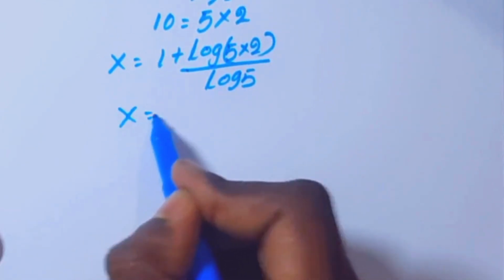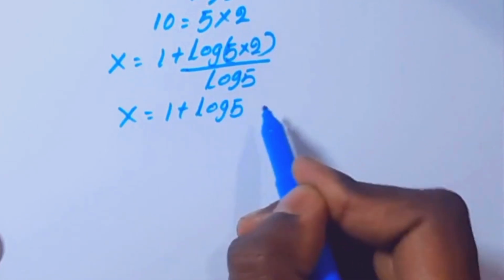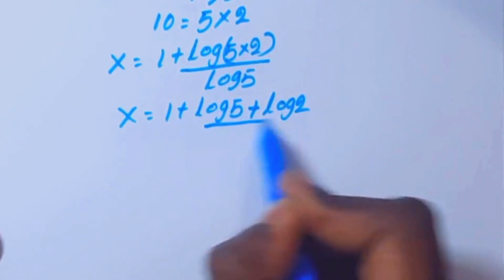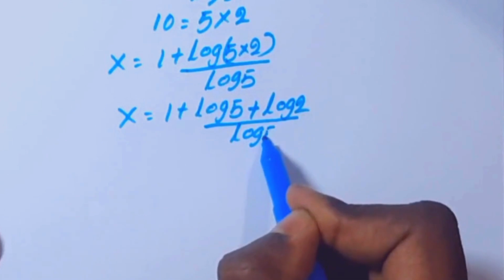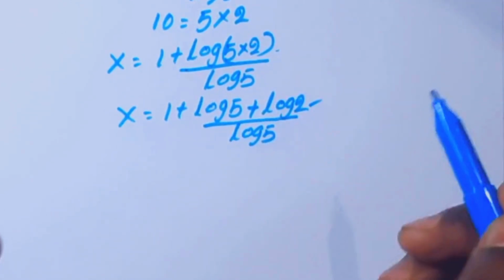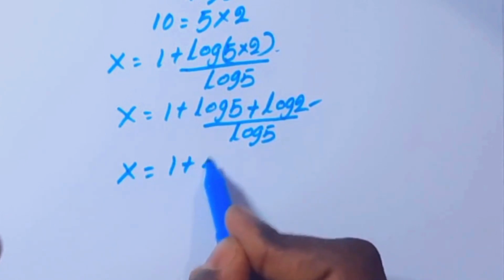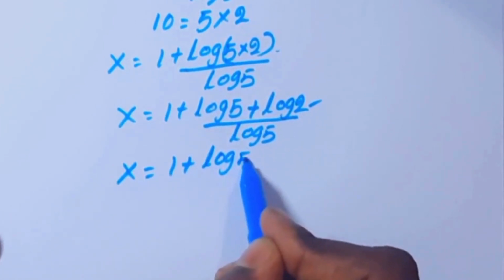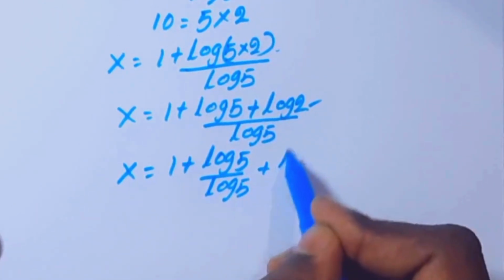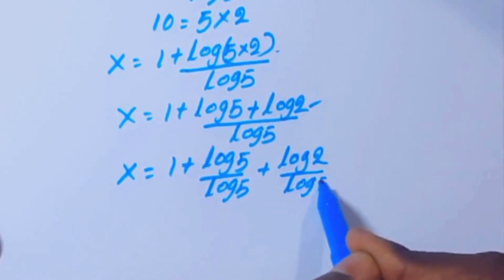So x equal to 1 plus log 5 plus log 2 by log 5. We have applied the log product formula here. So x equal to 1 plus log 5 by log 5 plus log 2 by log 5.